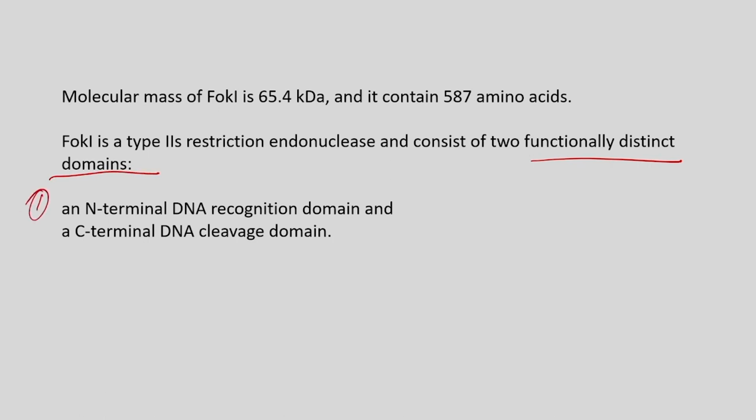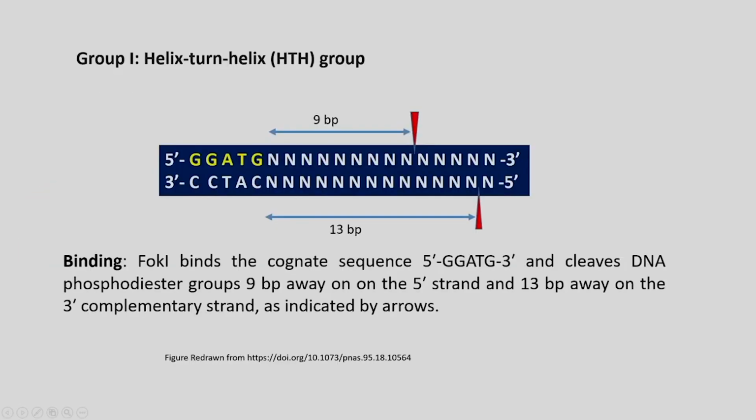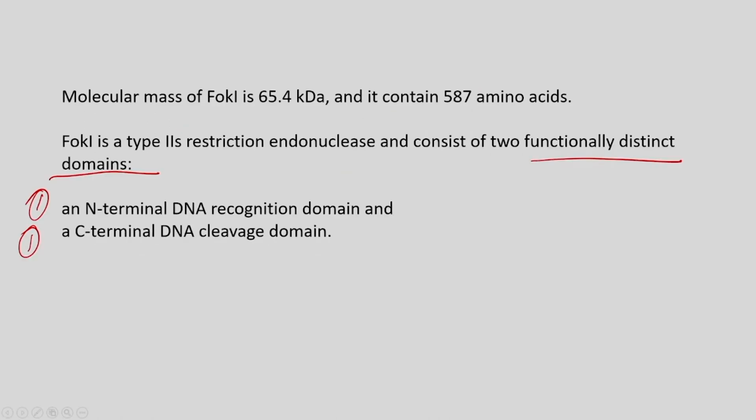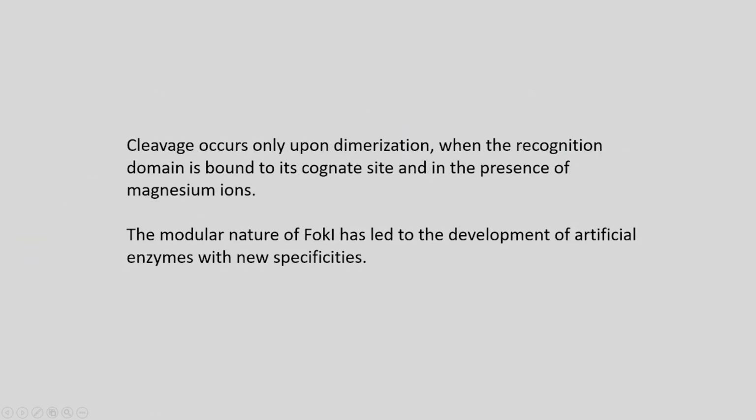Number 1 is the N-terminal DNA recognition domain and the other is a C-terminal DNA cleavage domain. So, the domain in the N-terminal will bind to this cognate sequence, and the domain at the C-terminal will cleave at 9 base pairs to 13 base pairs away.